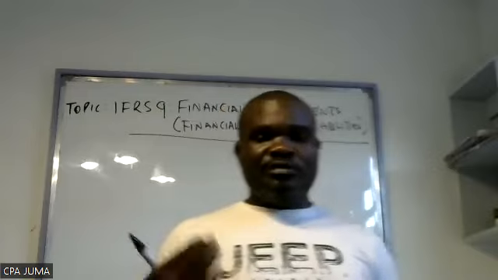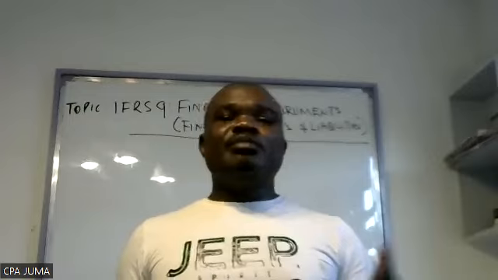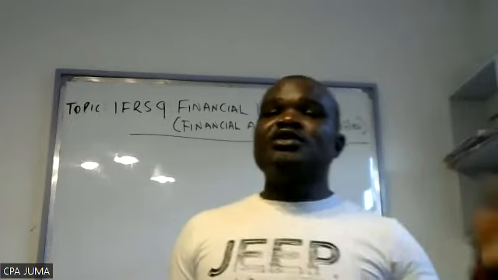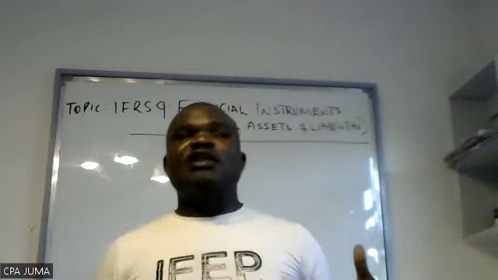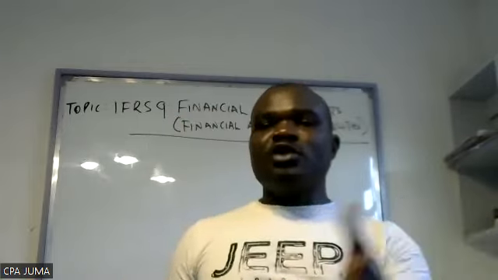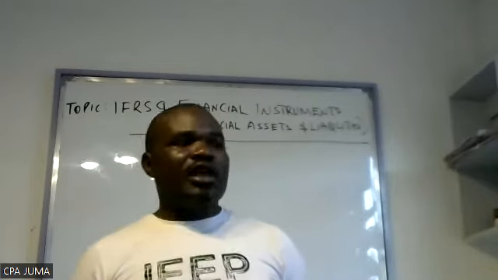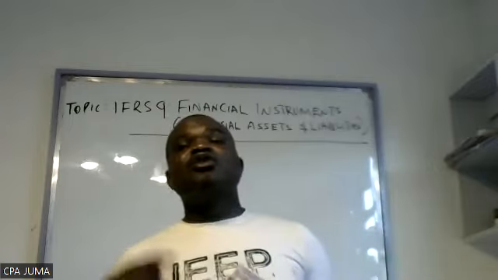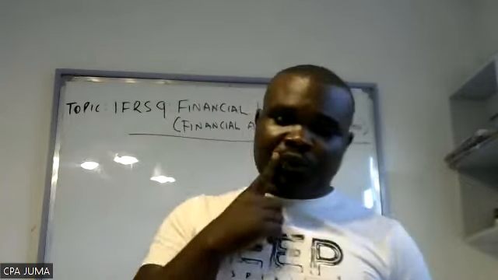We should mention this from the word go, because when we go to the questions, accounting will depend on whose books you are accounting in: the books of the borrower or the books of the investor. The investor is the one giving out the cash, while the borrower is the one giving out the equity instrument. These bonds we call equity instruments because they have an equity element in them. So it's a liability to the borrower and an asset to the investor. It depends on whose books you are dealing with.